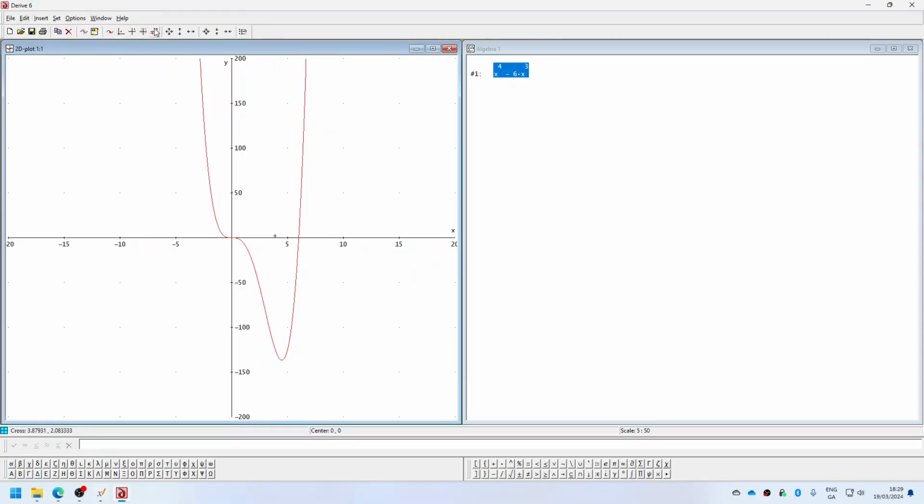Let's see now. Concave up to 0, and then concave down. Concave down, but then I think there's a second inflection here.